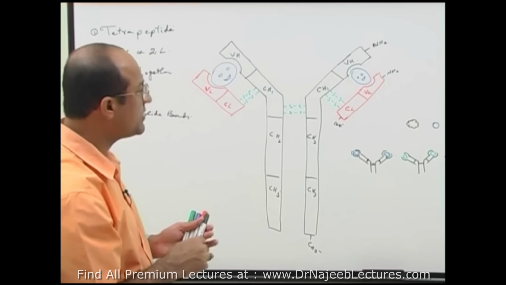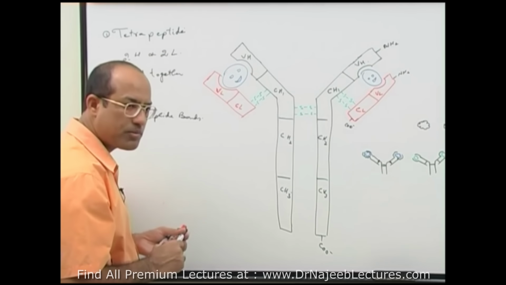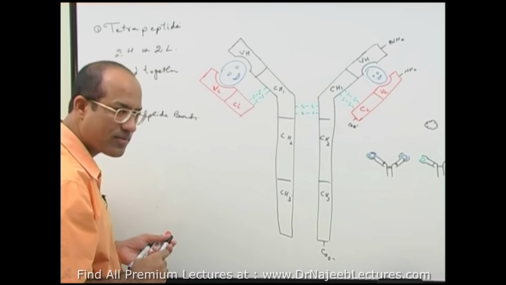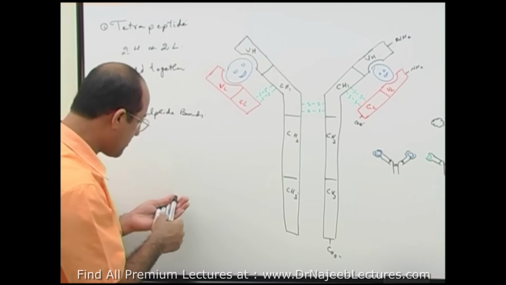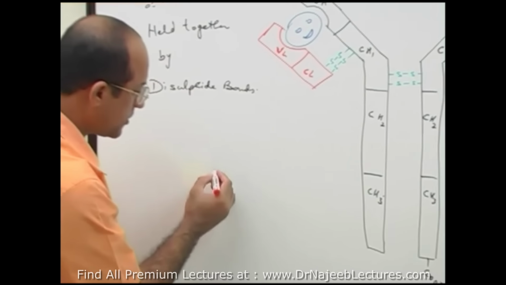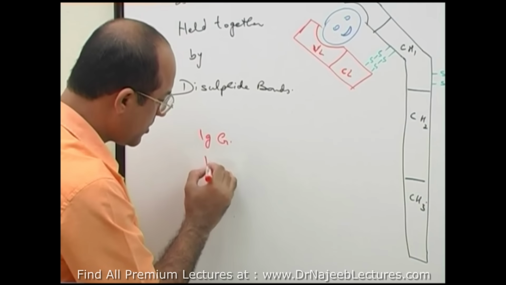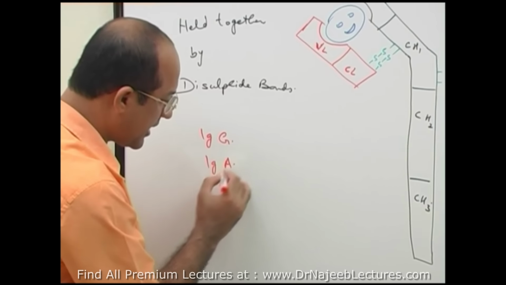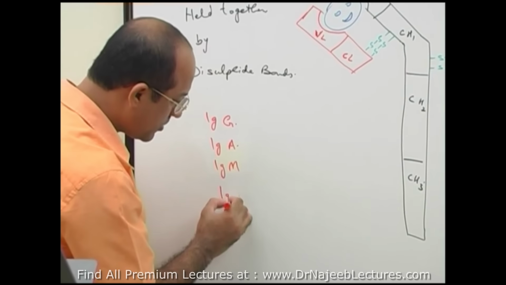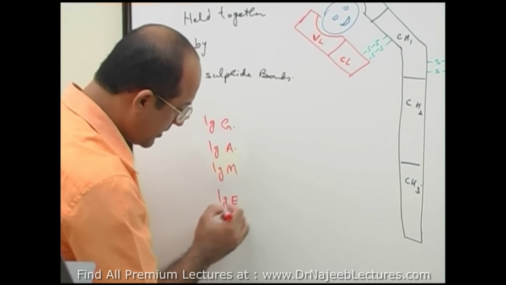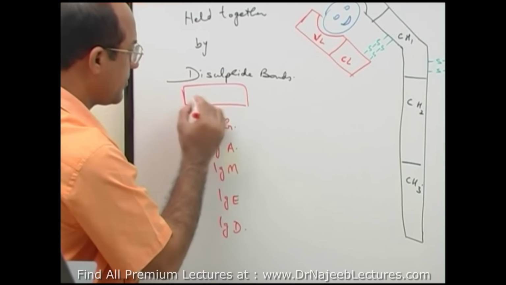And later on we'll find that most of the antibody classes, how many antibody classes are there? There are 5 basic classes of antibodies, right? The 5 classes of antibodies are called, can you tell me? Immunoglobulin G, immunoglobulin A, immunoglobulin M, immunoglobulin E and immunoglobulin D. We call it GAMED.